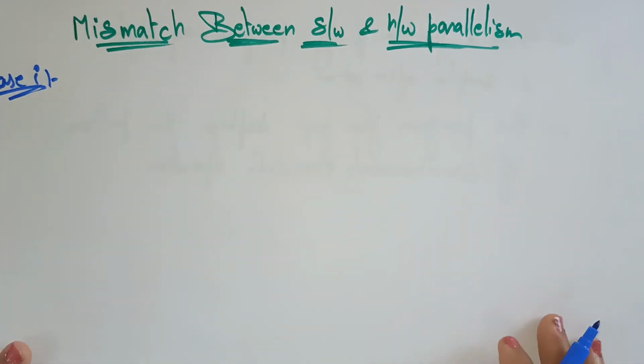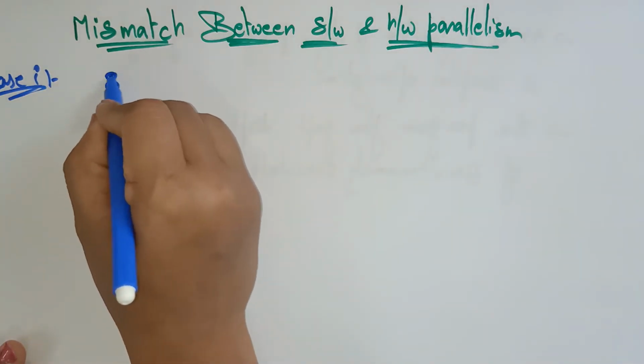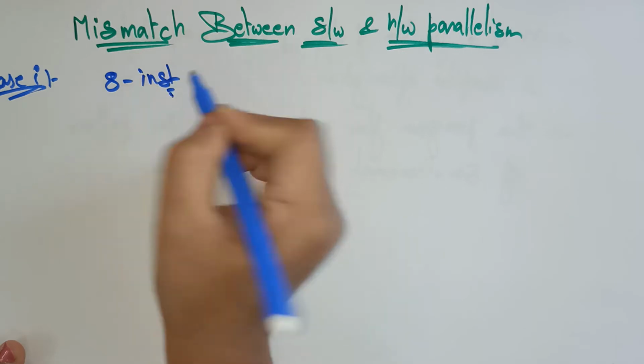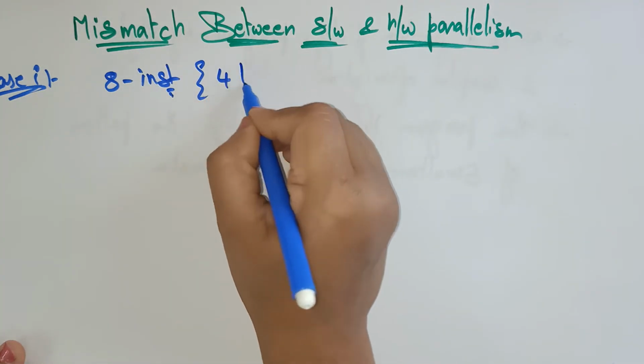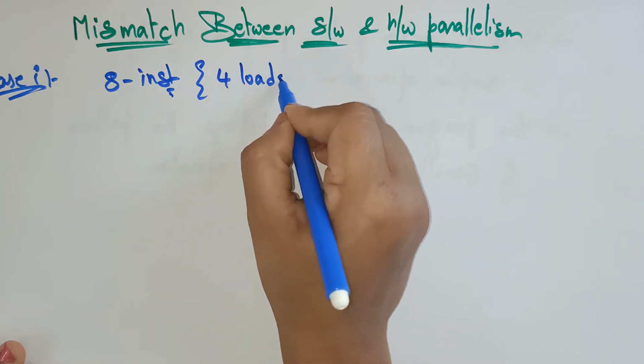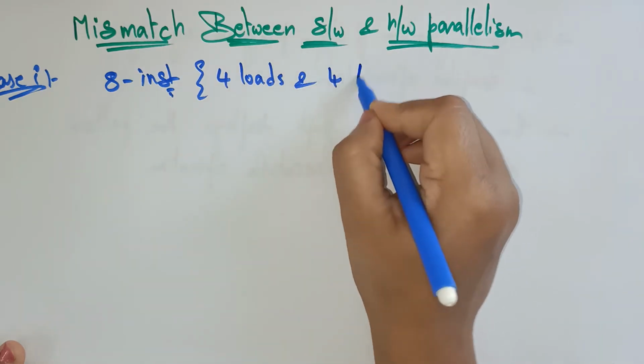In case 1, consider there are 8 instructions. Of these 8 instructions, 4 are load instructions and 4 are arithmetic instructions.